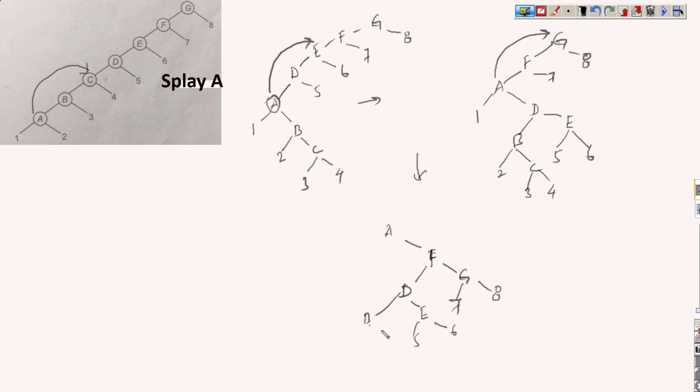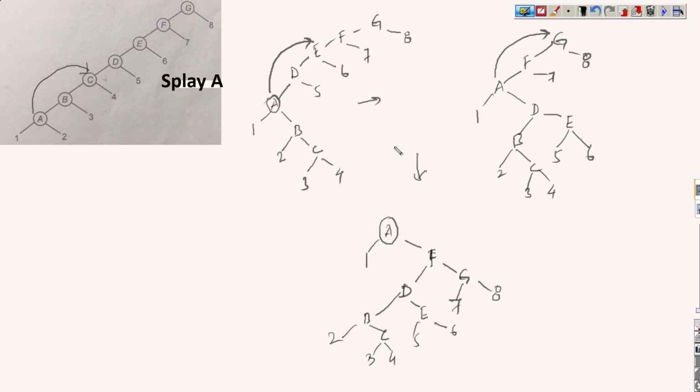We have B, C, 2, 3, 4, and we have 1 here. So we have 1, 2, 3, 4, 5, 6, 7, 8, and A, B, C, D, E, F, G, and we are able to get this at the root. So this is how we are doing splaying.